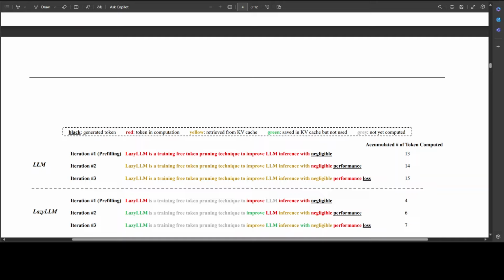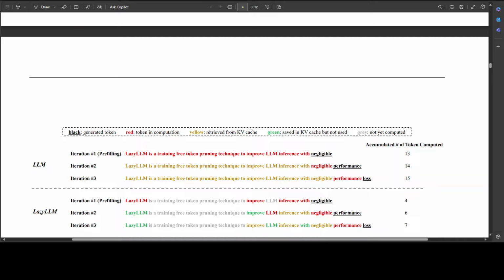Lazy LLM significantly optimizes TTFT by reducing the amount of computation during pre-filling. Also, as some tokens in the prompt are never selected by Lazy LLM during the whole generation process, Lazy LLM also reduces the amount of computation and accelerates the overall generation, and that is what this is all about.